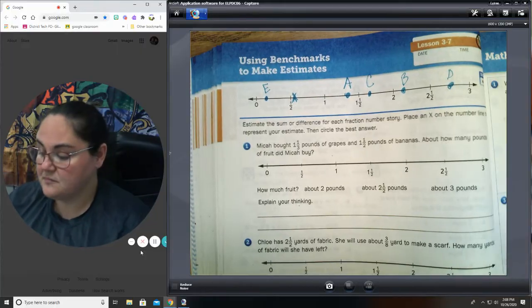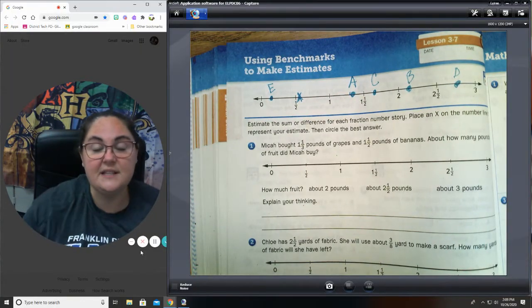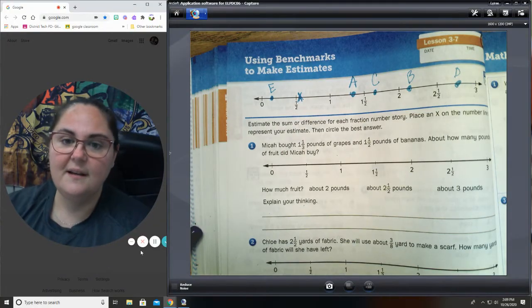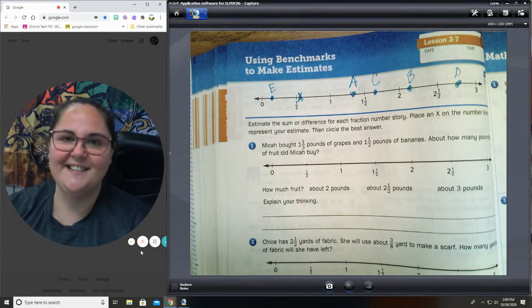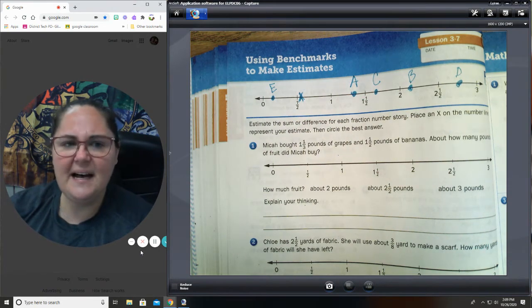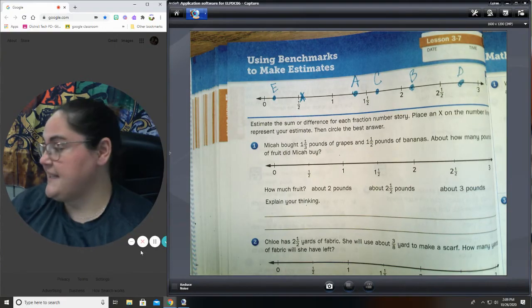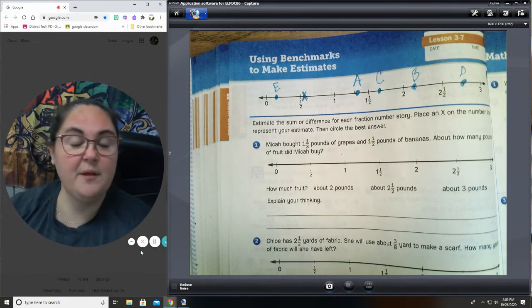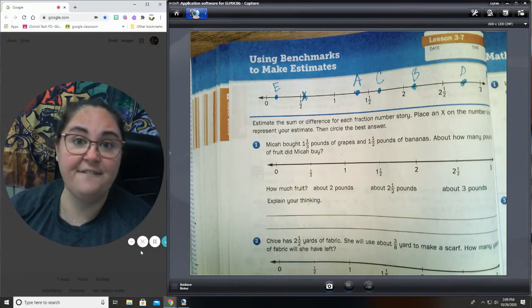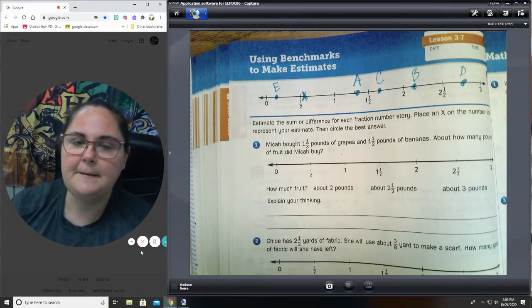So using a number line to help you is important. Using the benchmarks is important. Yes, there are other ways to do this. You can find a lot of different ways to subtract fractions. But sometimes using an estimate is going to help you. Because if I say we're doing this last problem we just did, and I told you that she had 5 feet left when she only started with 3 feet, you would know that I was wrong, right?